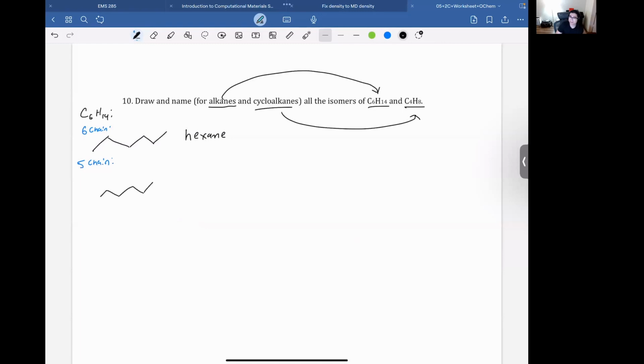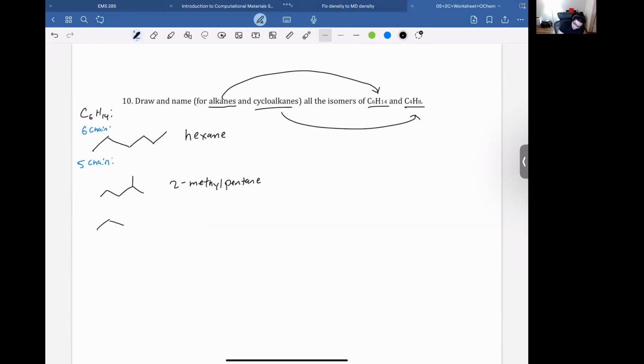I can't stick the methyl on at the end. That gives me the same thing I just had. So it has to go into one of these middle positions. So I could stick the methyl here, right? This would be 2-methylpentane, numbering from right to left, because you want to minimize the sum of the numbers. From left to right, it would be 4, sorry.